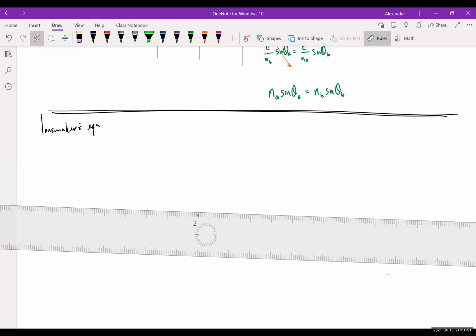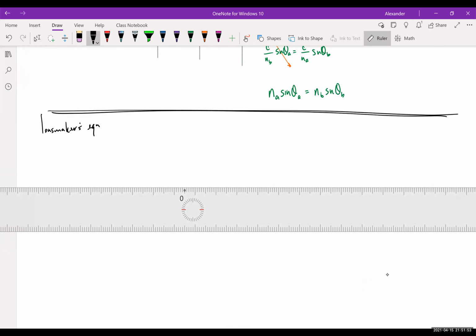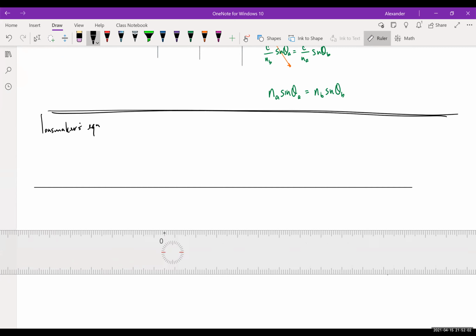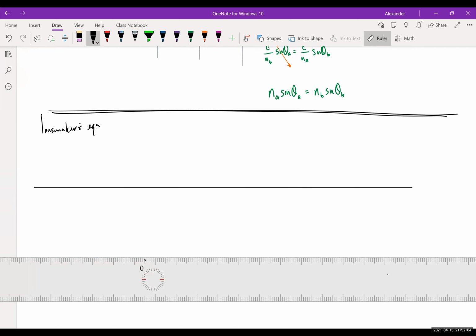Let's consider a meniscus type lens. Maybe plano convex, whatever.